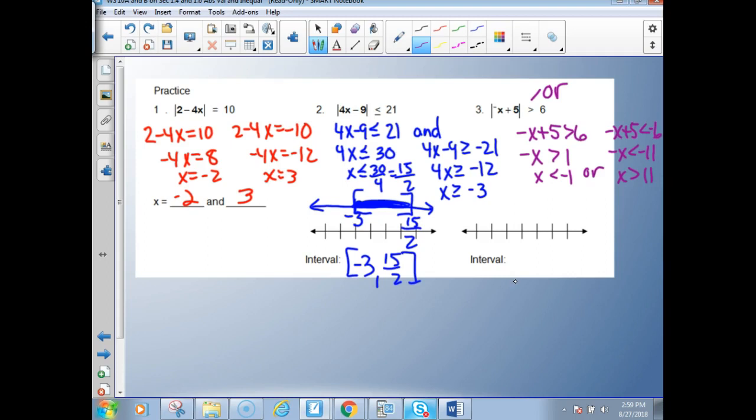Should have x is less than -1 or x is greater than 11. Again, I'm making my own because you can't space it properly on that. So it should be two tails. The interval should be -infinity to -1, soft bracket on both, and then 11 to infinity, soft bracket on them.